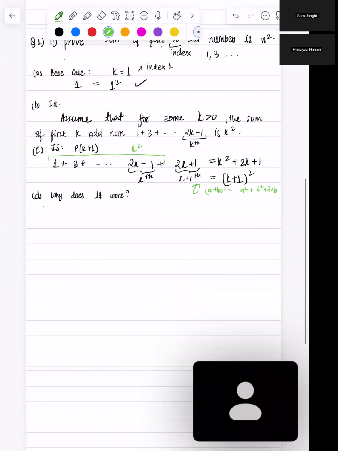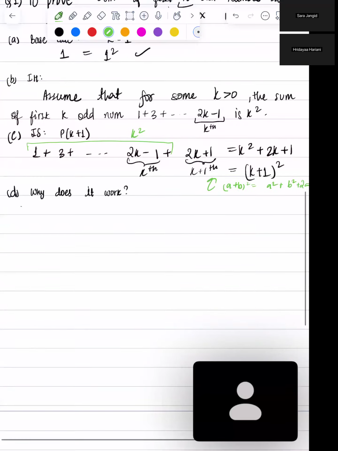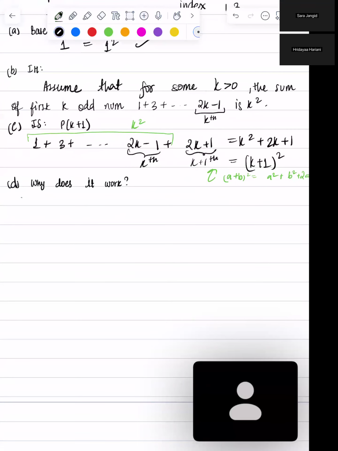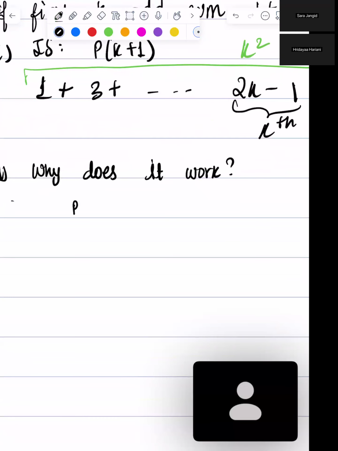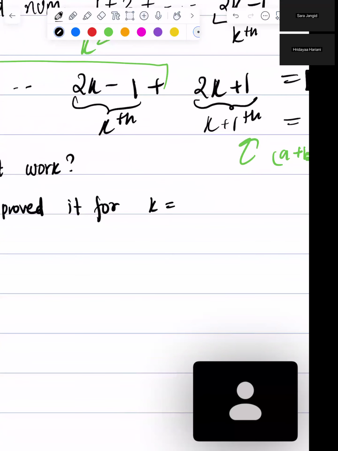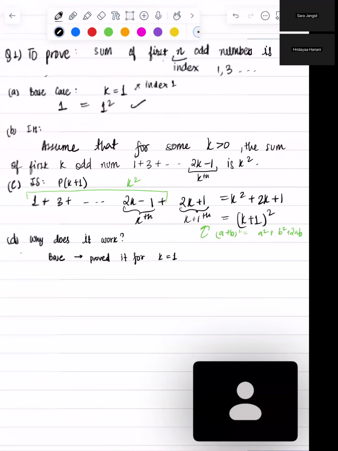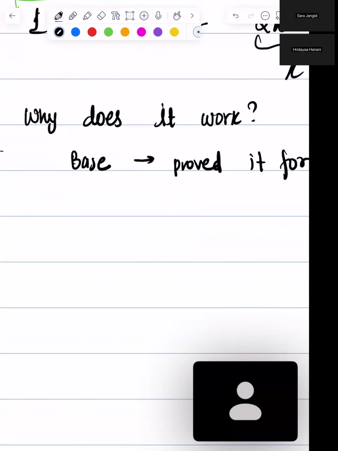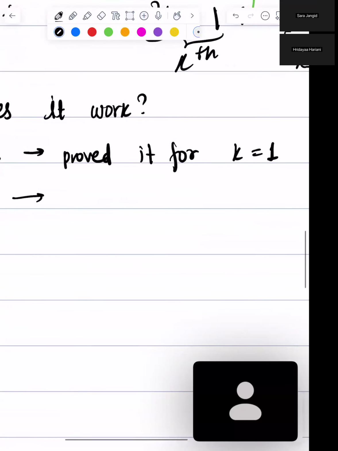Why does this work? The first thing we did was the base case, right? We proved it for k equal to 1. Let's see what we are doing in the next step. We're proving it for some k plus 1. Now let's say k is equal to 1. We prove that it should work for k plus 1.